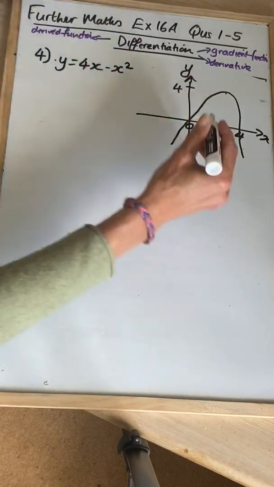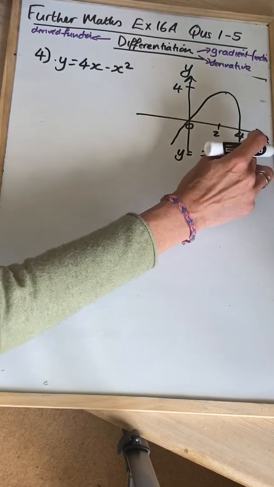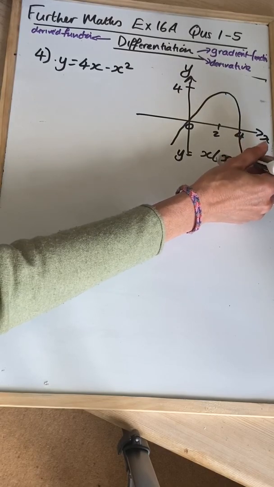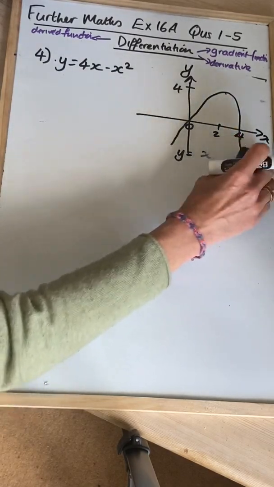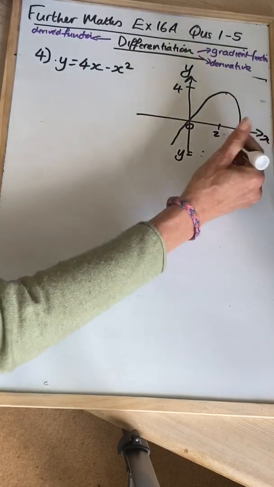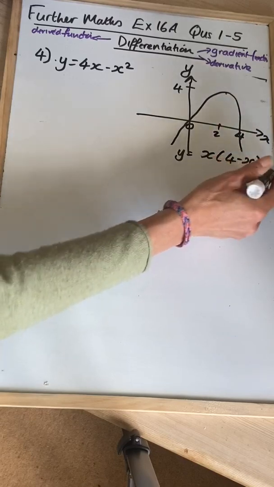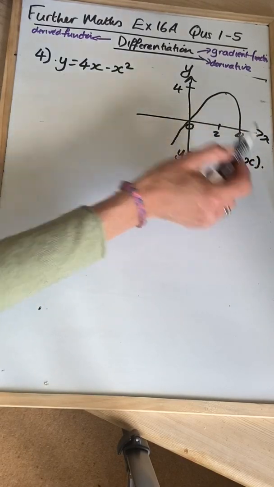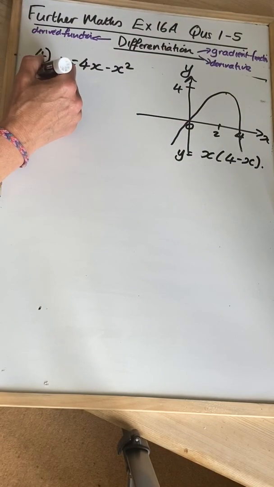And also, if we were to factorize it, 4 minus x would be a better way of doing it. So 4 minus x, if we set that equal to 0, we know it passes through the x-axis at 0 and 4, which makes sense from our graph drawing.